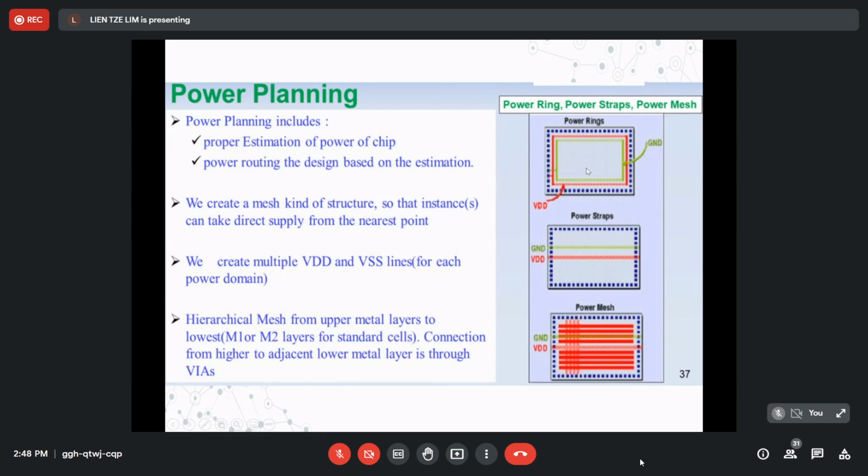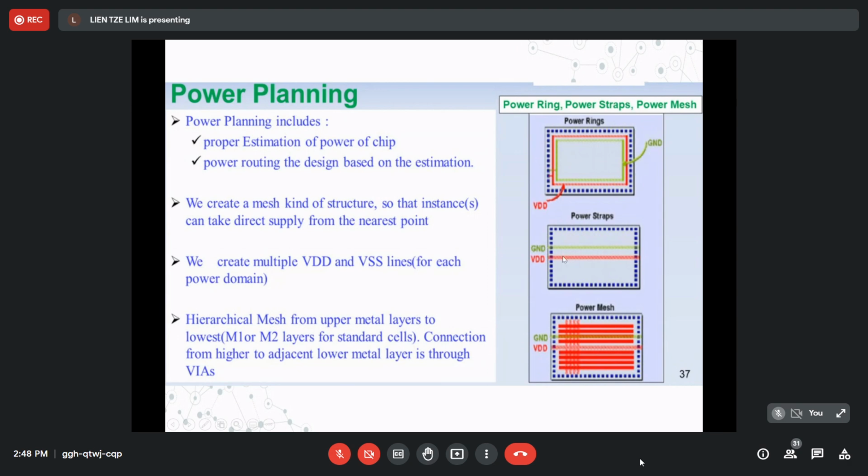Okay, the figure here shows the arrangements of the power rings, or power straps. You see the power rings here, they can be arranged in this way. Okay, these are the power and ground straps connected to VDD and the ground.